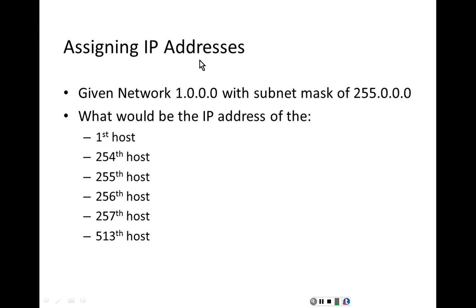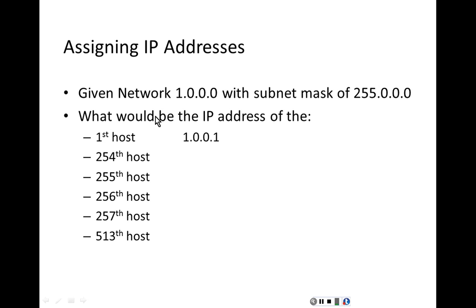Okay, real tricky part right here. Given network 1.0.0.0 with an 8-bit subnet mask, regular Class A subnet mask, what would the IP address be of the first host, of the 254th host, of the 255th, the 256th, the 257th, and the 513th host? Well, I think you can easily see what the IP address of the first host would be.